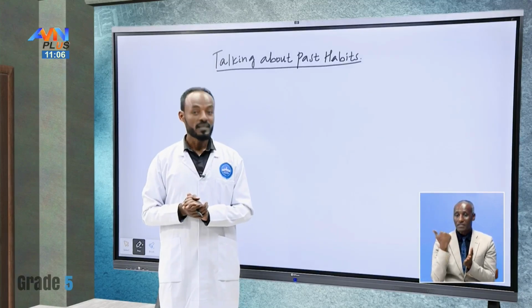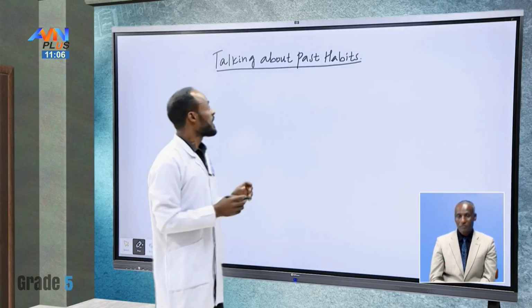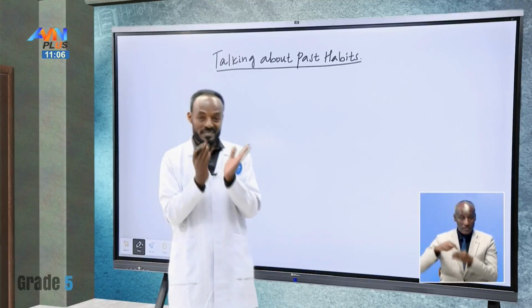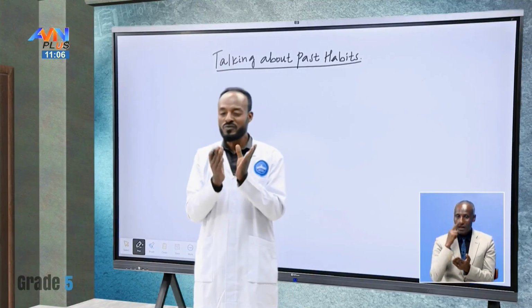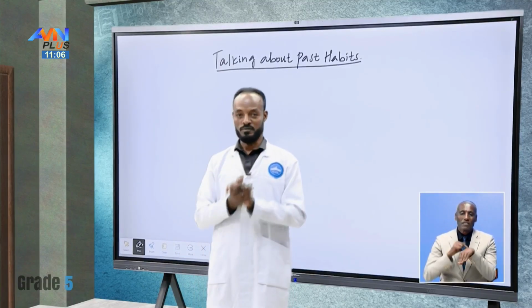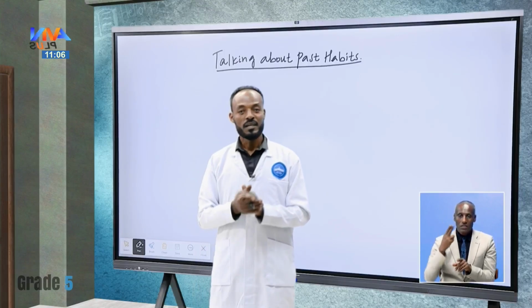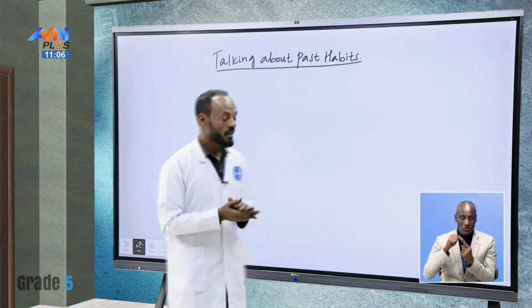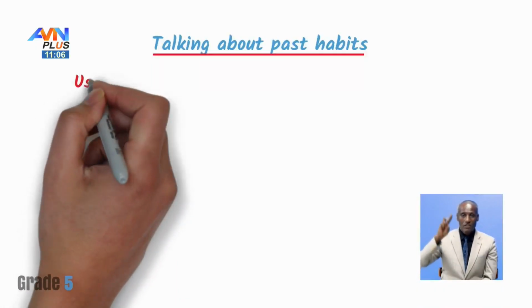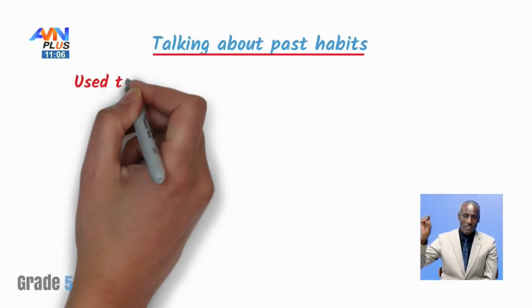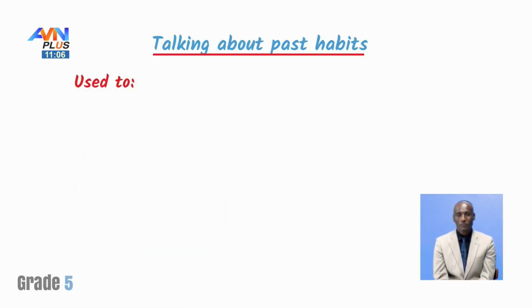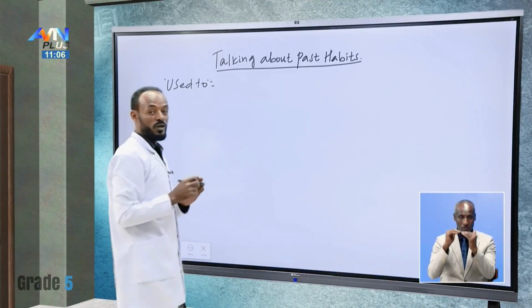Are you ready? Good. Students, when we're talking about past habits, most of the time we use used to. Do you know what used to means? Let's say something about it. When do we use used to?